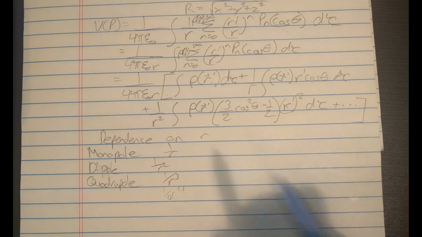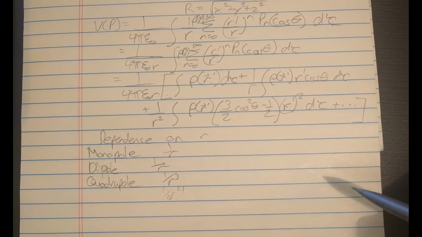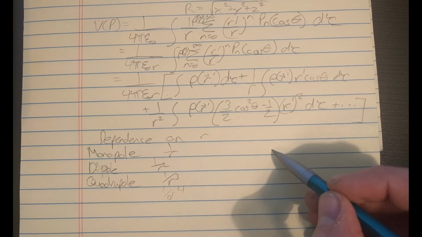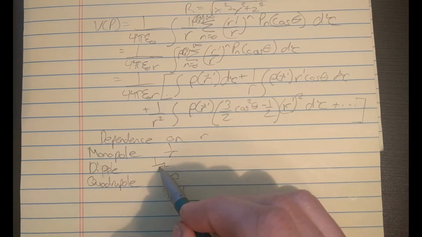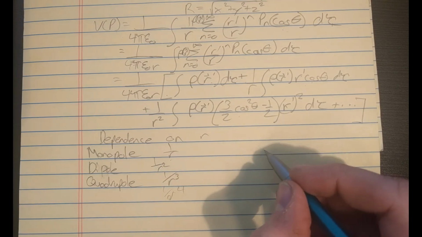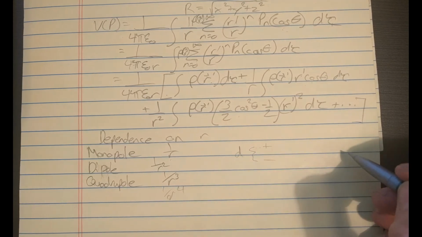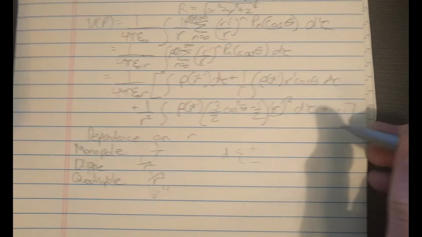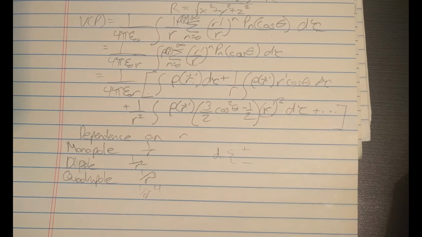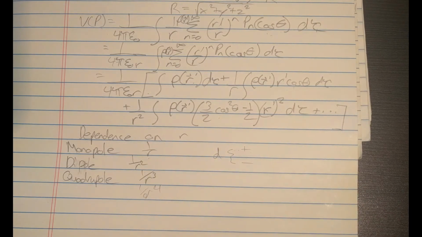So if we're very, very far away, what this is telling us is, say you got 2 point charges, they're distance d apart, but you're standing way over here off the paper. Well, those 2 point charges are basically just going to look like a monopole because you're so far away from it.